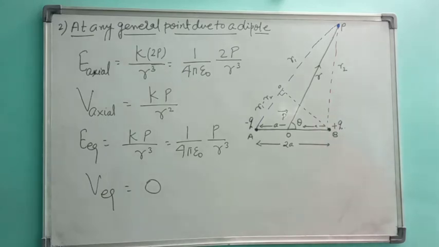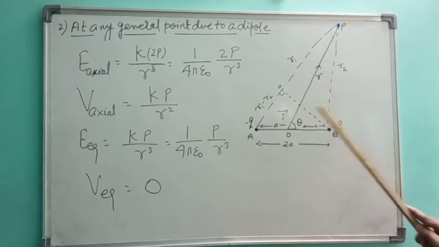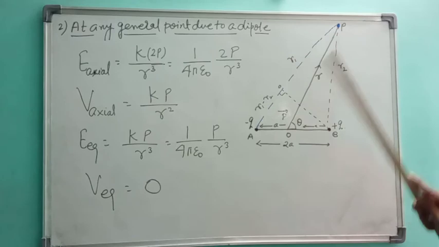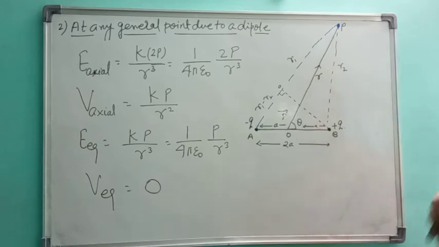Full stop. The potential due to a single charge depends only on r. For a single charge it depends only on the distance r, but for the dipole it depends on the angle theta the position vector makes.